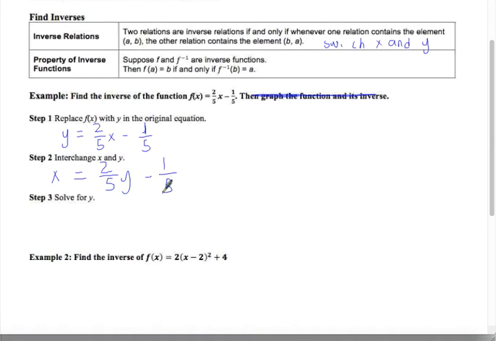So to do that, I would add 1/5 to both sides. So x plus 1/5 equals 2/5 y. And then multiply both sides by the opposite, or the inverse of 2/5. So I'm going to multiply both sides by 5/2.